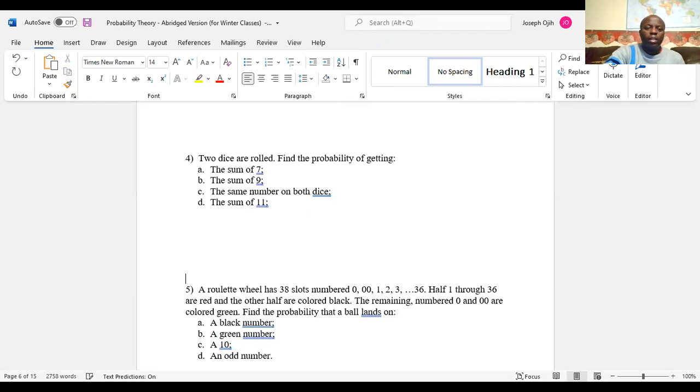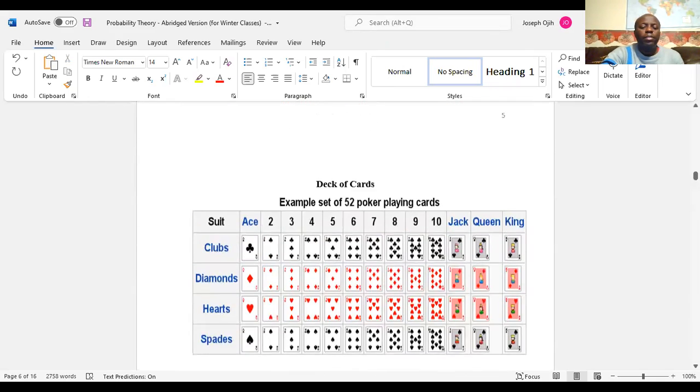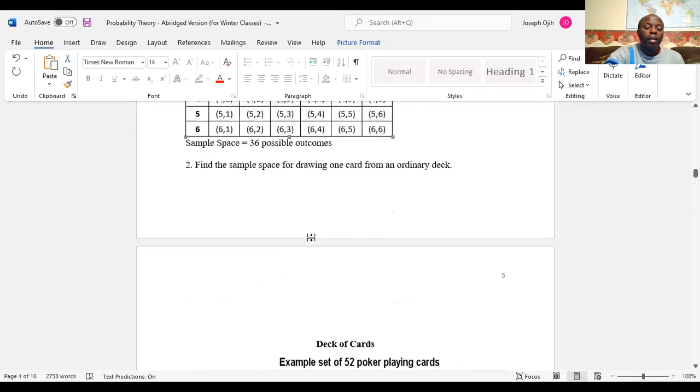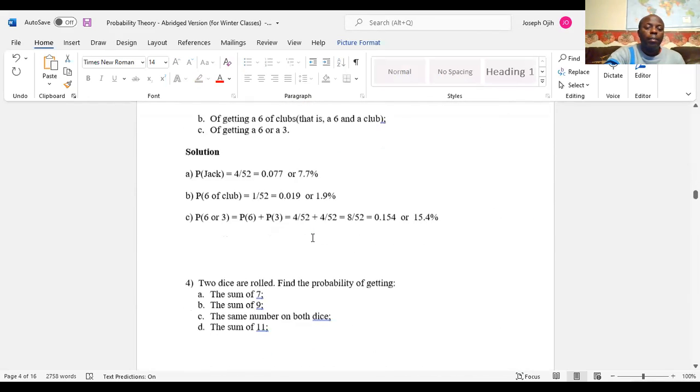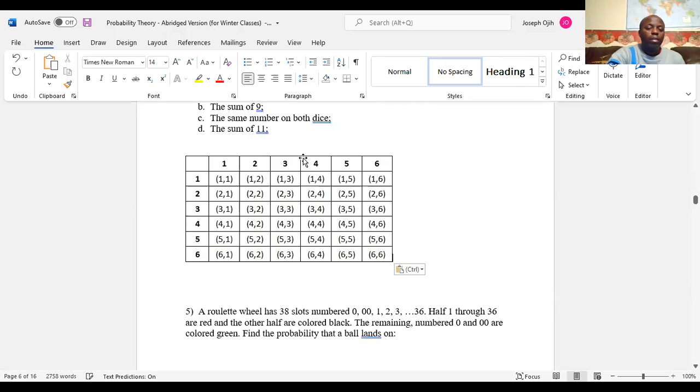So let's start with the first one. This is classical because of dice. If you remember, for 2 dice we have this outcome, so I'm going to copy it and paste it here so that we can answer this question. The total outcomes for 2 dice, the total sample space possibilities, we did it at the beginning.